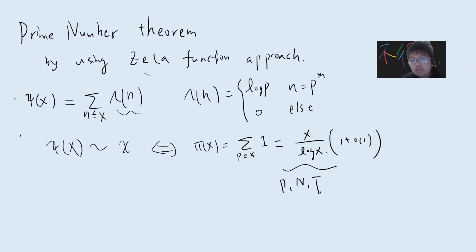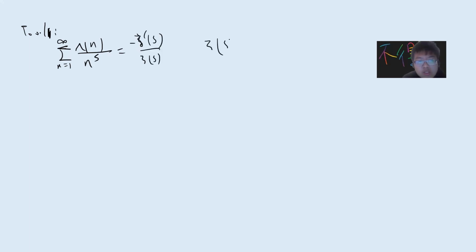In order to do this proof, we need to reconnect this function in terms of the zeta function. The sum from n equals 1 to infinity of lambda n divided by n to the s will be minus zeta prime of s divided by zeta of s, where zeta s is the zeta function.